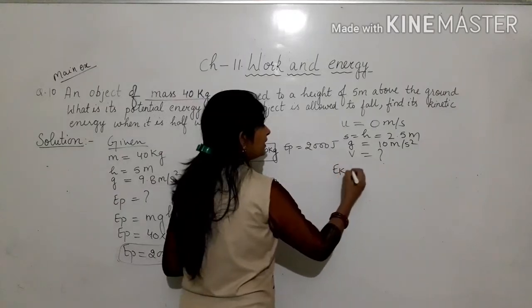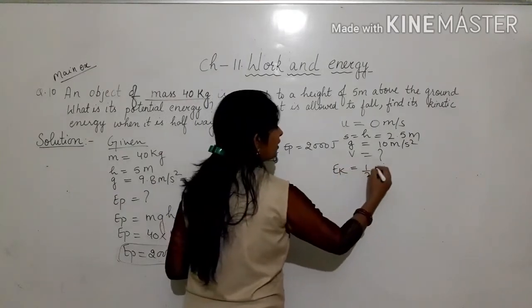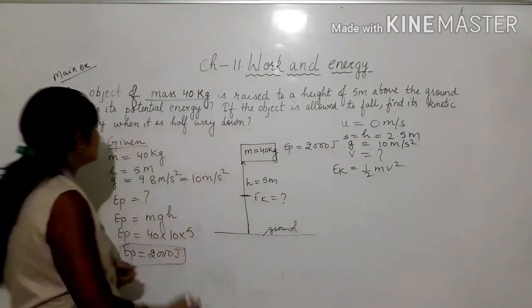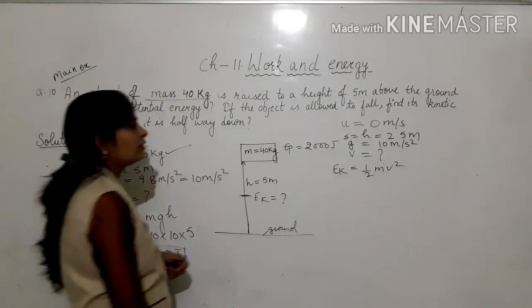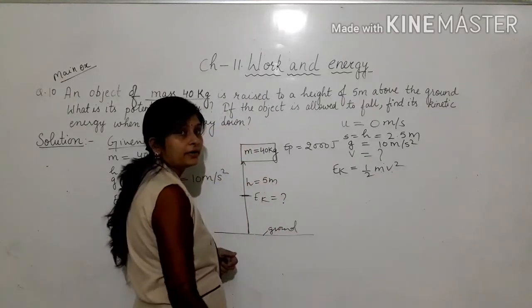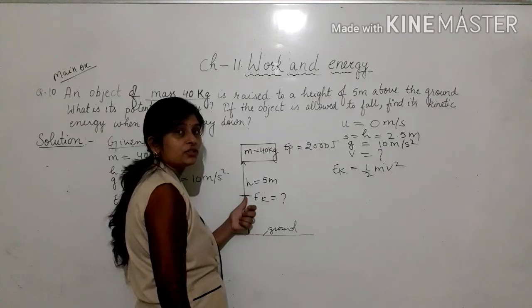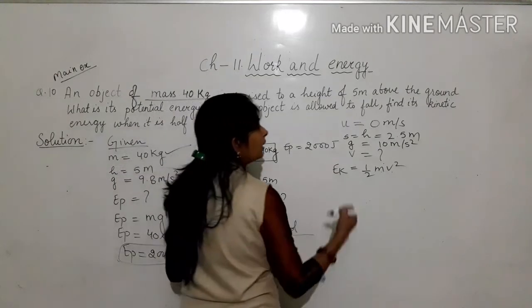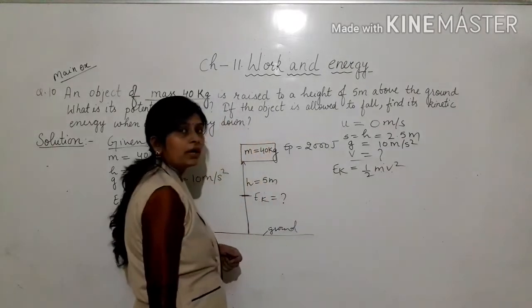We know that kinetic energy is equal to half mv square, where m is mass, given as 40 kilogram, and v is the final velocity. What is the final velocity here at halfway? That we have to calculate. How can we calculate?